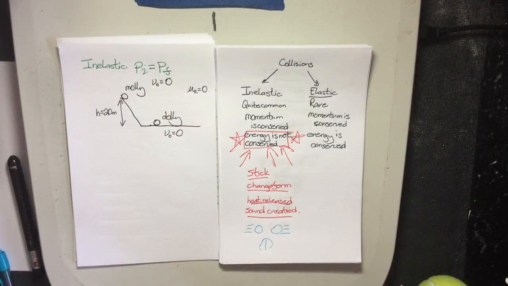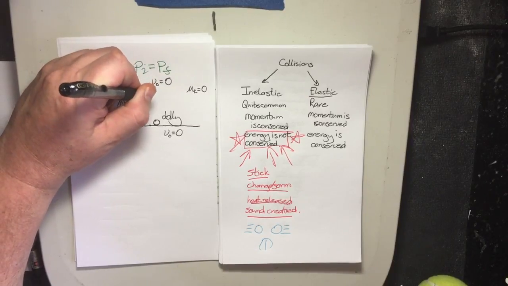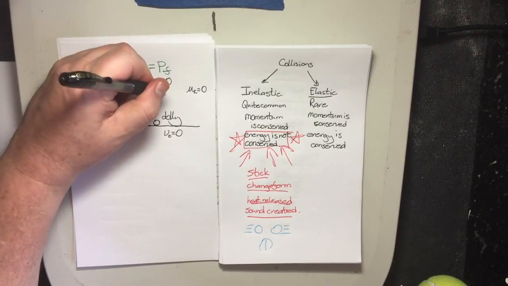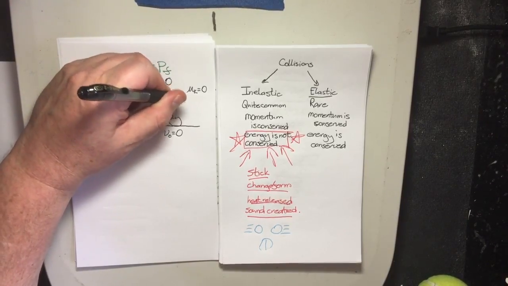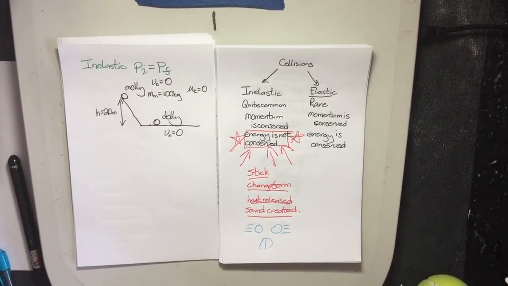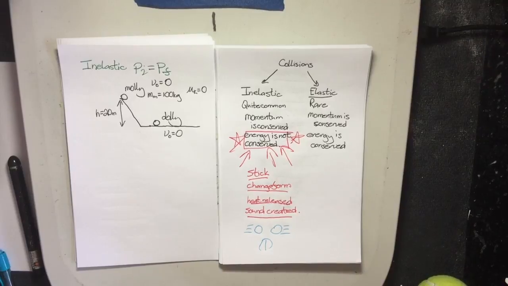Now we're going to do a little bit of an IQ test on the class. Molly's mass, it's a panda. I don't know what masses of pandas are. Let's just say it's 100 kilograms. It's a big panda. Do you know what the appropriate mass of a panda is? I'm not sure either. Let's just say 100. But I know this for sure. Dolly is Molly's identical twin sister.